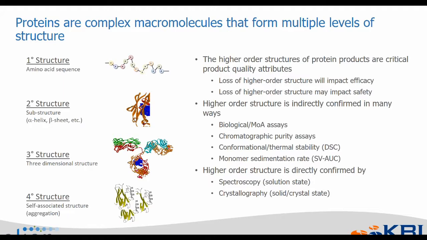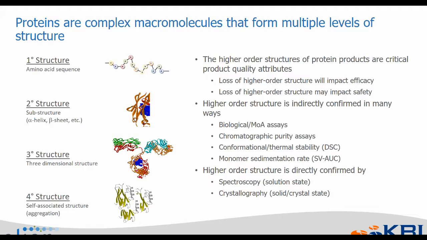So given the importance of higher order structure for biological products, we need methods to ensure that the structure remains in place. We do this in a number of ways. As an indirect measure, we use biological assays that reflect the mechanism of action of the product, and also chromatographic purity assays via their retention behavior also demonstrate that the higher order structure of protein products remains in place.